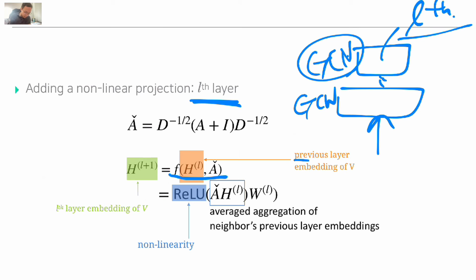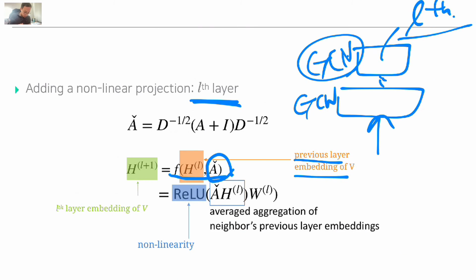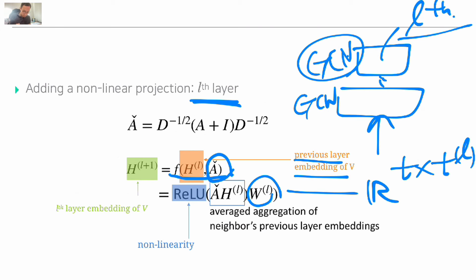It takes the previous layer's embedding and considers the adjacency once again. We had this output from the first layer with T dimensions, so the weight should be something like T by T_L, for example. This is the first layer representation, and this is from the L layer.